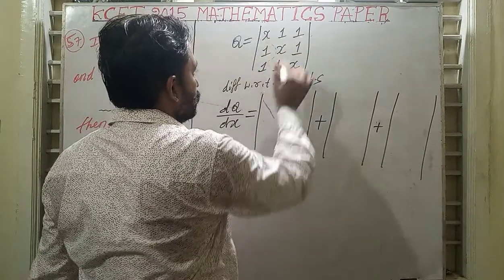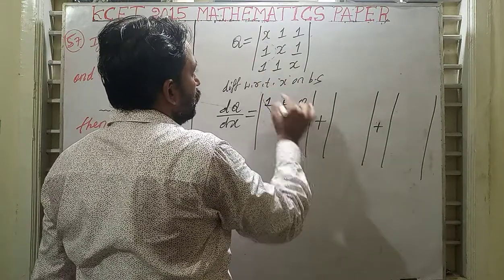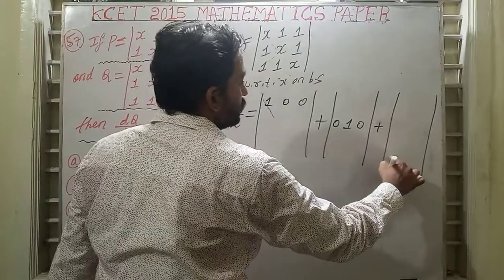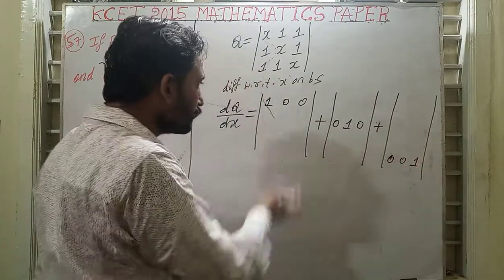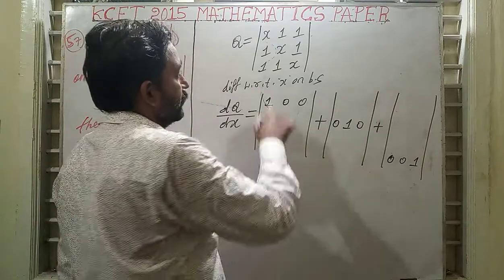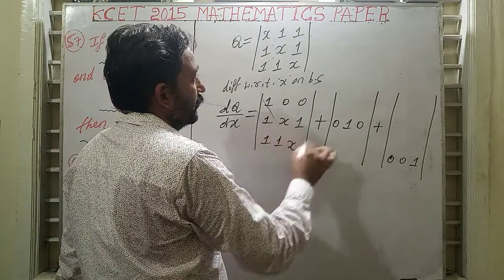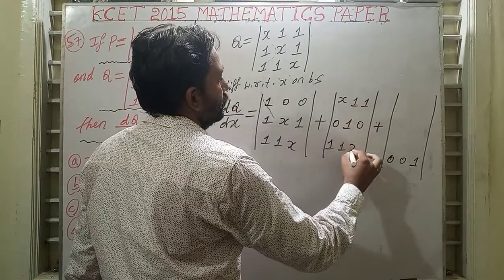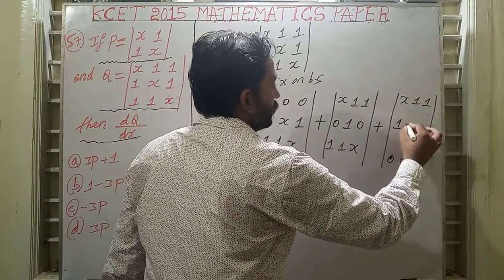Differentiating the first row, the derivative of x is 1, the remaining entries are 1 1 0, in the second case 0 1 0, in the third case 0 0 1. The remaining rows are constant in these three determinants: 1 x 1, 1 1 x; x 1 1, 1 1 x; x 1 1, 1 x 1.